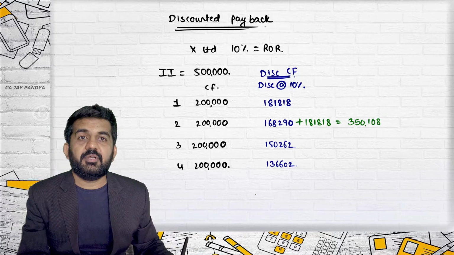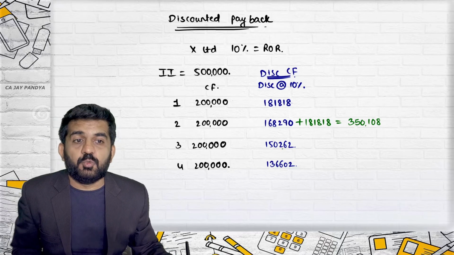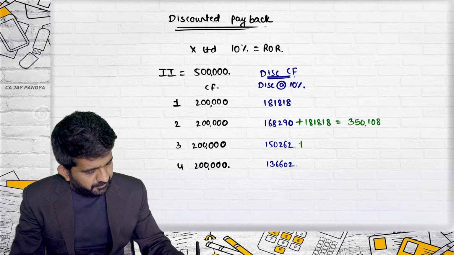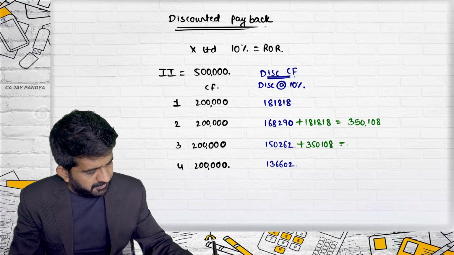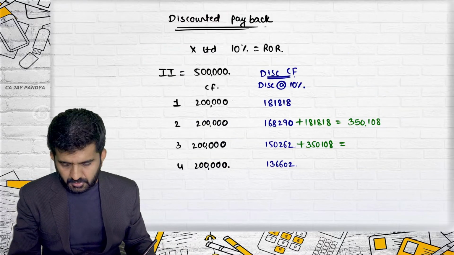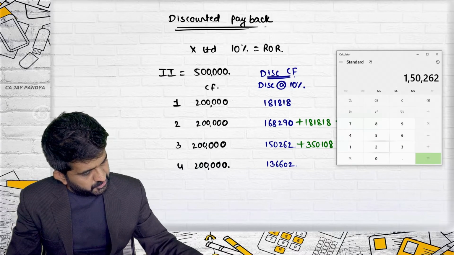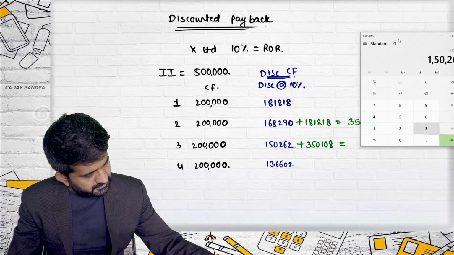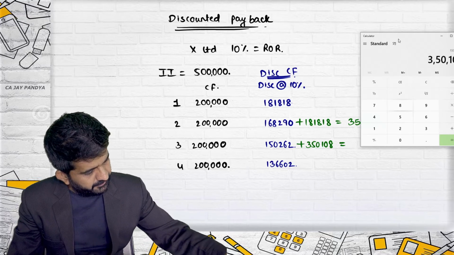Now, if 1,50,262 is recovered, my 3 years will be completed. Plus 350,108 will be recovered. So what will be the total recovered? 150,262 plus 350,108.